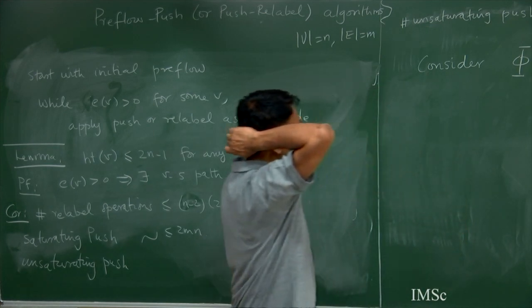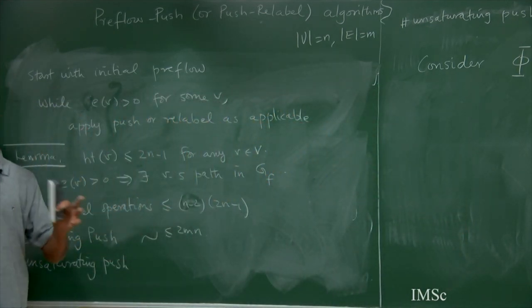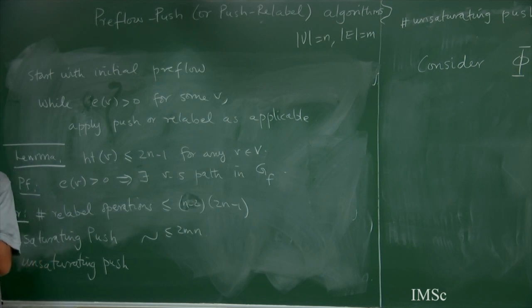So this is just some function on my graph. Given my preflow and the height, I can compute the excesses, and I just sum the heights of the vertices whose excesses are strictly positive.